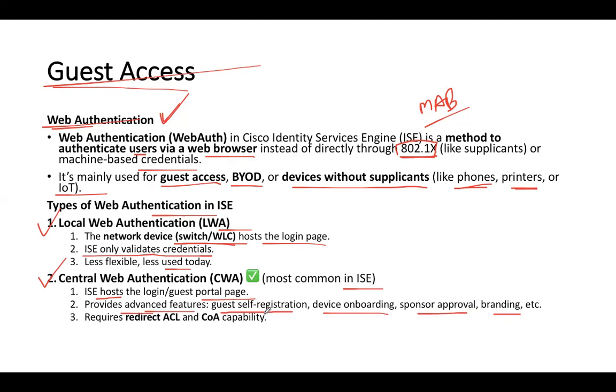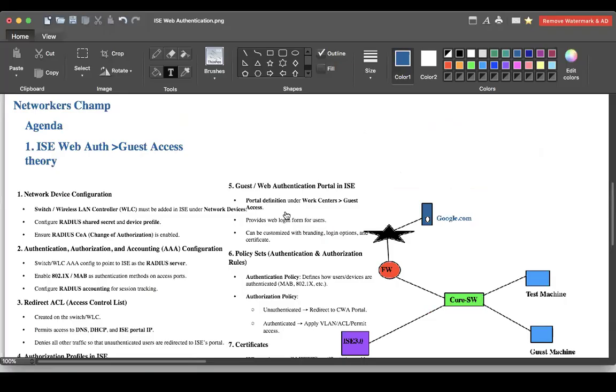Whenever ISE hosts or generates the guest portal page for the guest user, it can be validated in multiple ways, which you can call the variants of guest access. You see here, self-registered guest access.